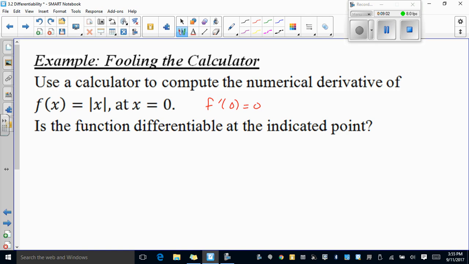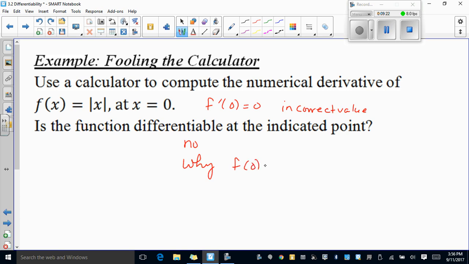But this is an incorrect value. Because it says, is the function differentiable? No. Why? Because f of 0 equals 0.